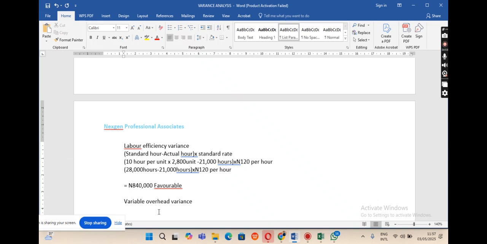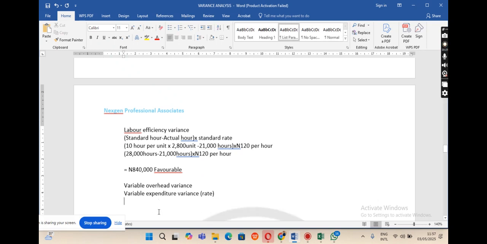And I've mentioned at the beginning of the class that your expenditure is like your labor rate. So therefore we can have variable expenditure variance. You can open bracket and put it so that you will know. You just trace it to rate.